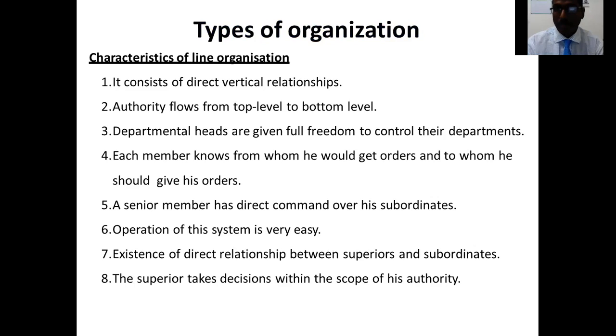Not necessarily good, but they have a direct relationship with their subordinates. In other words, they know their subordinates personally very well. The superior takes decisions within the scope of his authority. As a superior, they have the rights and freedom to take a decision, and they have been given the authority to take decisions on anything pertaining to the department.